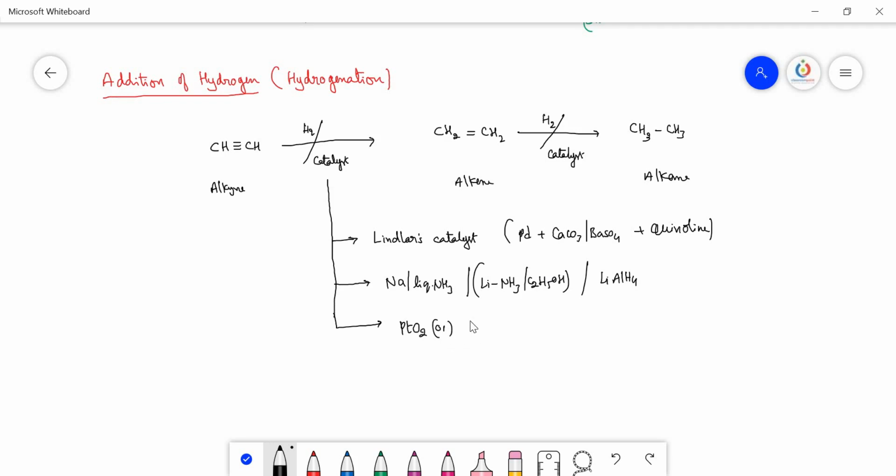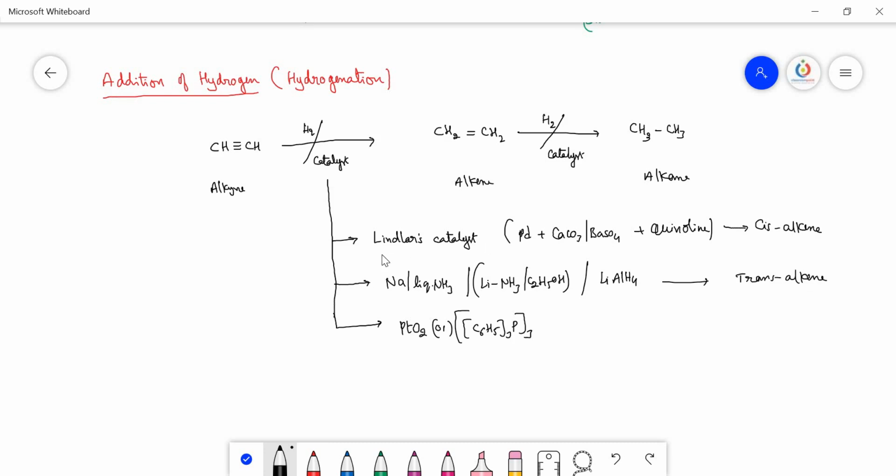So platinum oxide, or you can take (C6H5)3P, phosphorus with phenyl taken thrice. This is a catalyst. If you are using any of these catalysts, the first catalyst, Lindlar's catalyst, gives alkynes converted to the cis alkenes, and this one gives the trans alkenes.